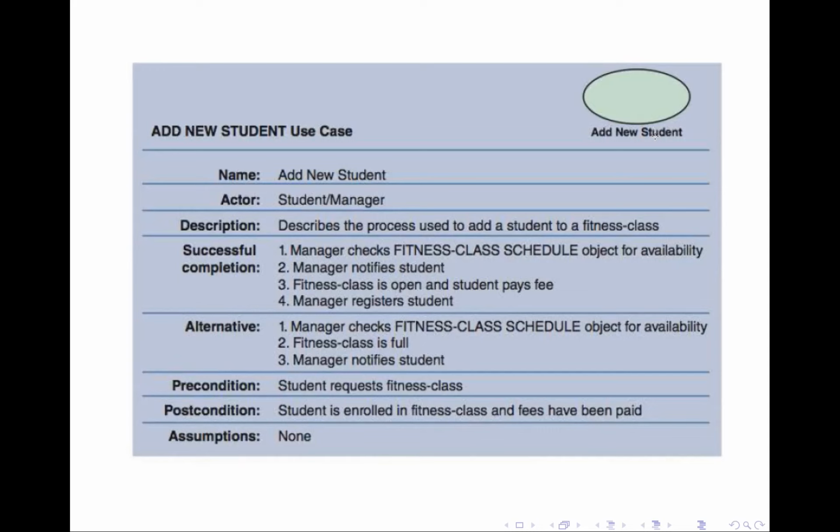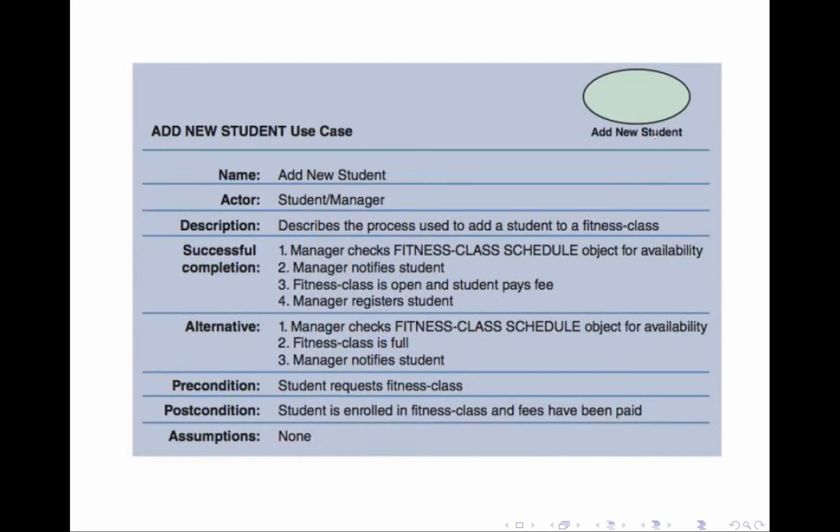For example, if adding a new student is a success, then the manager checks the class schedule, right? And the manager then notifies the students of the availability of the fitness class. Then third, the fitness class is open and students can pay the fee, and only then the manager registers a student, right?